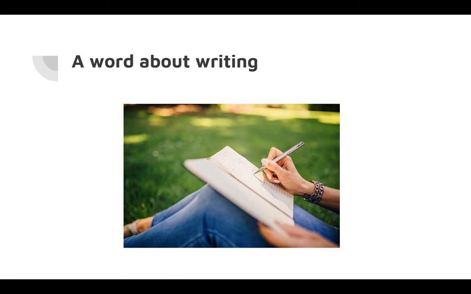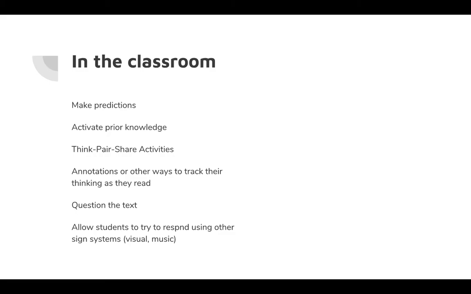Okay, so if I were to look at a classroom that has transactional theory as a pivot point, what are some of the things I might find? I might find a teacher asking the students to make predictions of the text, to draw on their experiences and make predictions of the text. I might see her activating their prior knowledge.